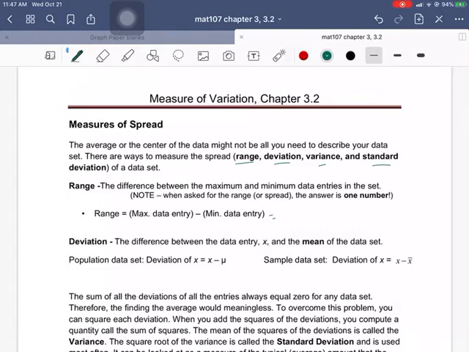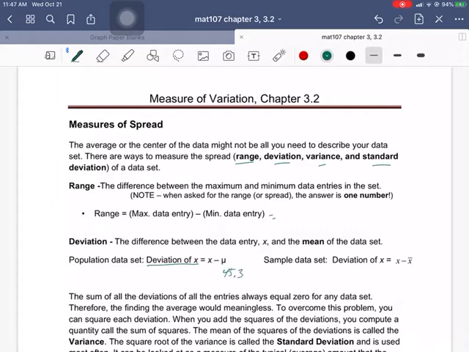The deviation, how much does each data value deviate from the average of the data, okay? So one value in a population, how much does that one value change? Deviate from the mean.